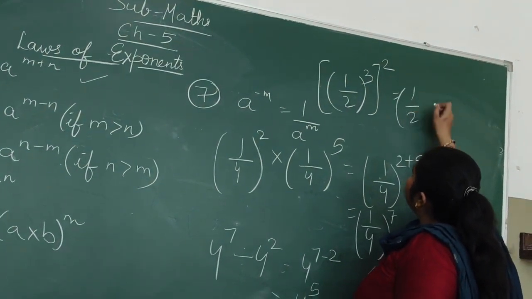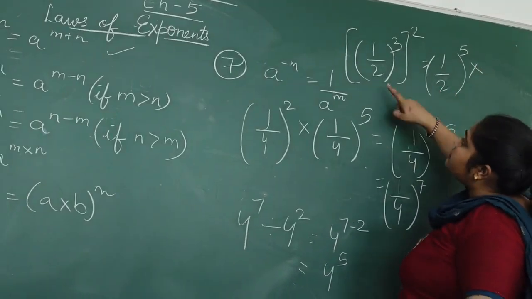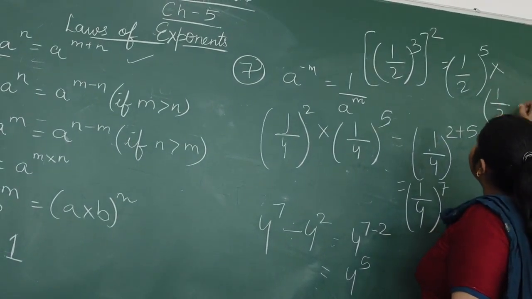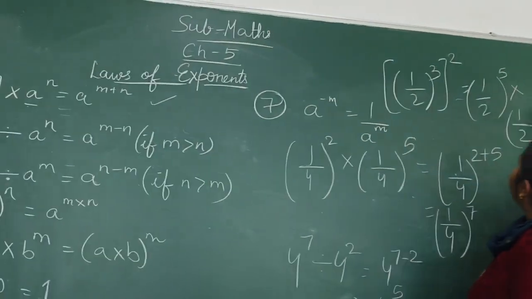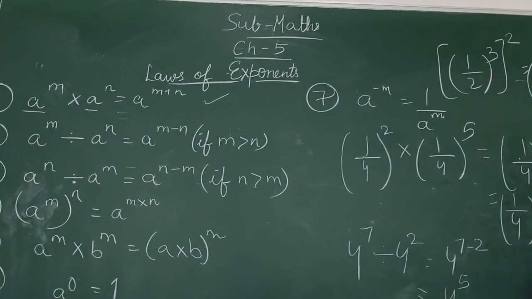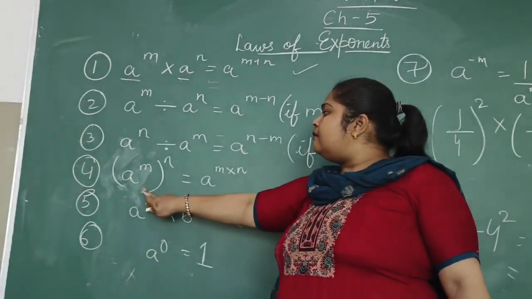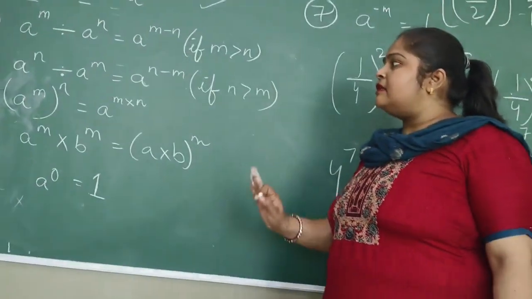They do 1 upon 2 to the power 5, which is wrong, because if a single number has two powers, we have to do the multiplication of the powers. That means 3 multiplied by 2 is 6. This is wrong, this is correct. Always keep in mind, when a single number has two powers, you have to multiply the powers, not add.